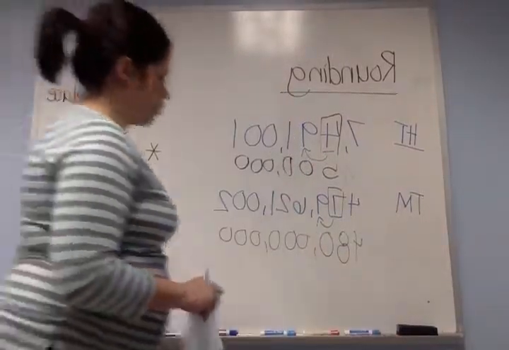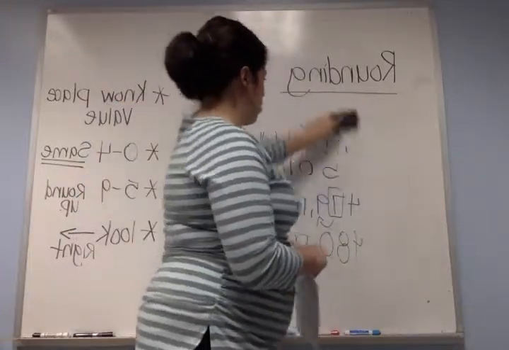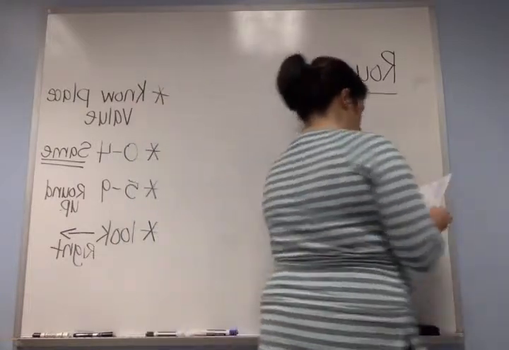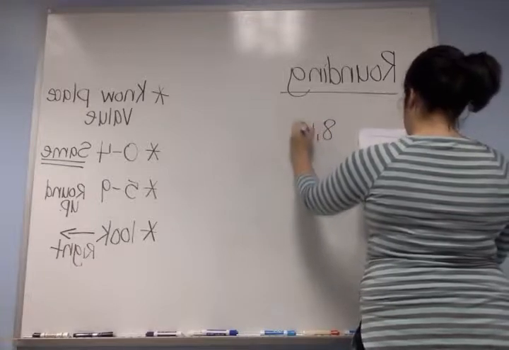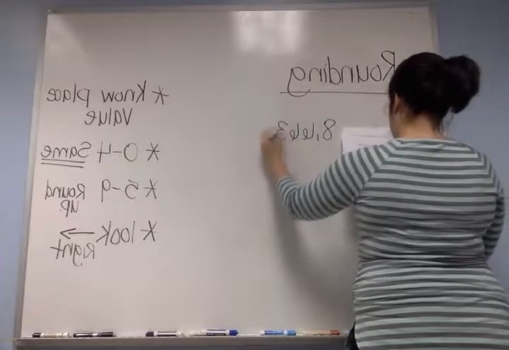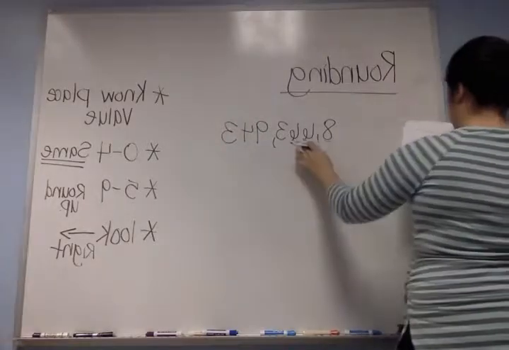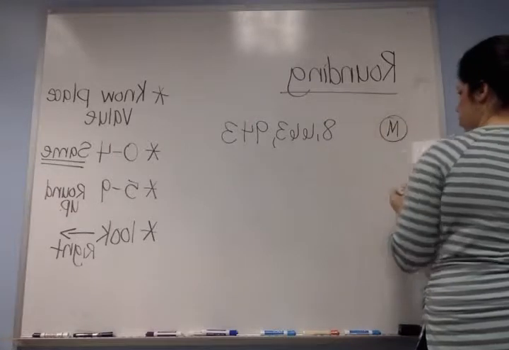All right, I'm going to give you a few to do on your own as a ticket out the door, and you can go to your next class. Bell's going to ring in about 5 minutes. Going to round the first one to the nearest million.